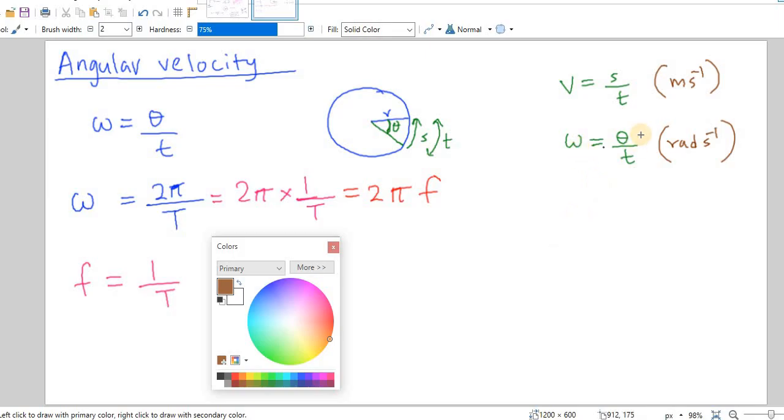Remember, angular velocity is angular displacement divided by time. Then you have the linear velocity. When it comes to circular motion, it's actually called the tangential velocity. Why do we say tangential? Because if you draw a tangent to the circle at this point, that is the v. That is why we call it tangential, or we can even say just velocity.